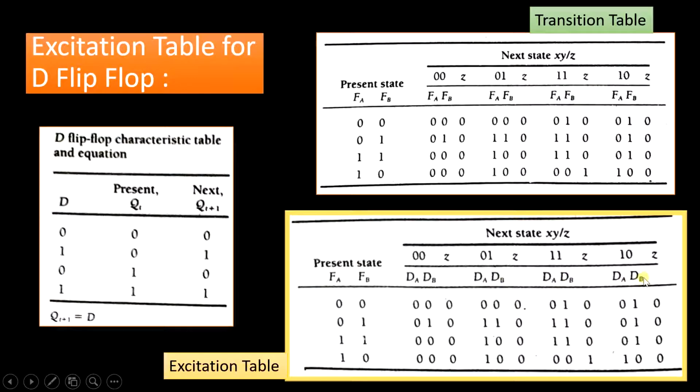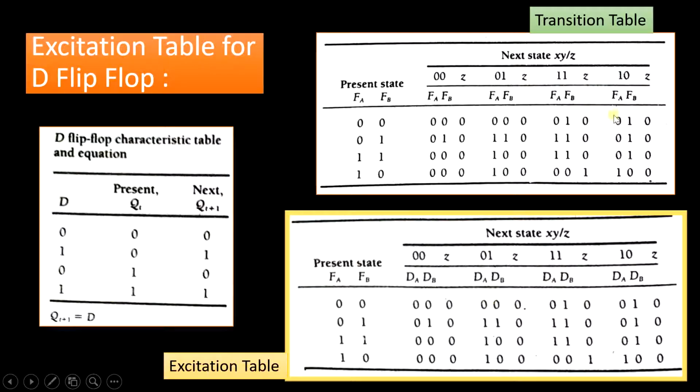Now when you compare the contents of the transition table and the excitation table, they are exactly the same. The reason why the contents are exactly the same in the D flip-flop is because of this particular equation, which says the next state is equal to the data that is being provided.